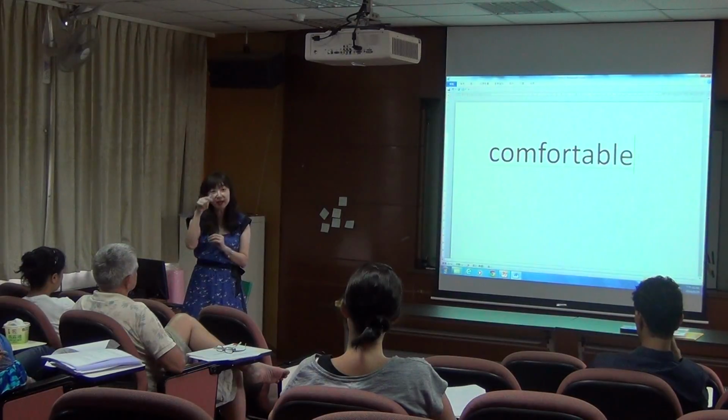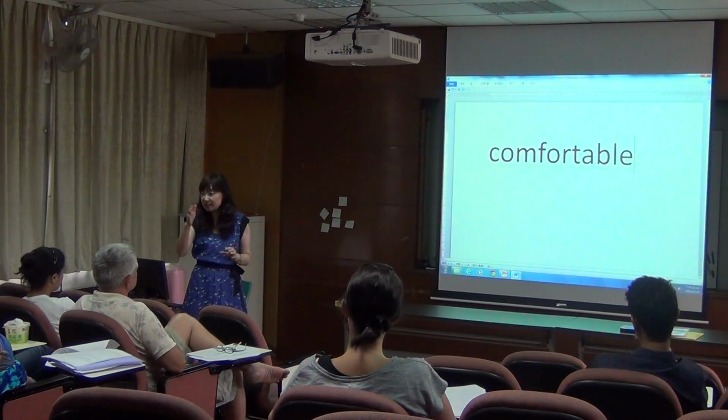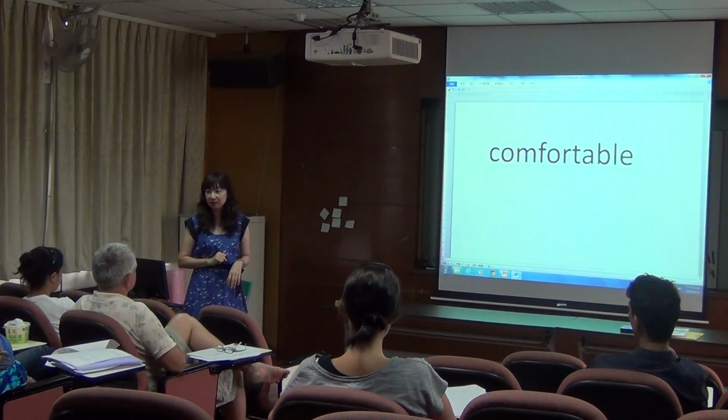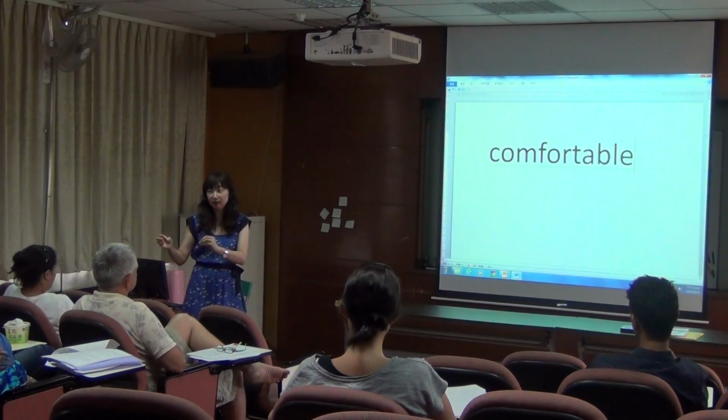Then you tell the kids, okay, you do not say every sound clearly, but when we normally say it, we say comfortable. So which sound is missing? Which sound just fades out? Comfortable. The F, "for," right? You only hear com and ta-ble, and then the "for."